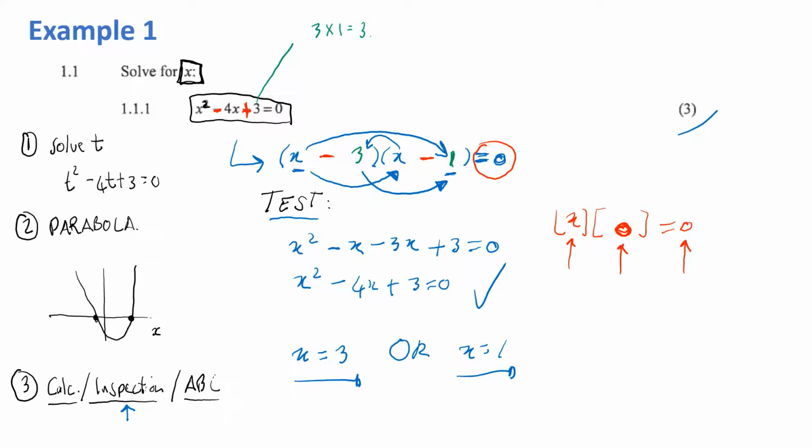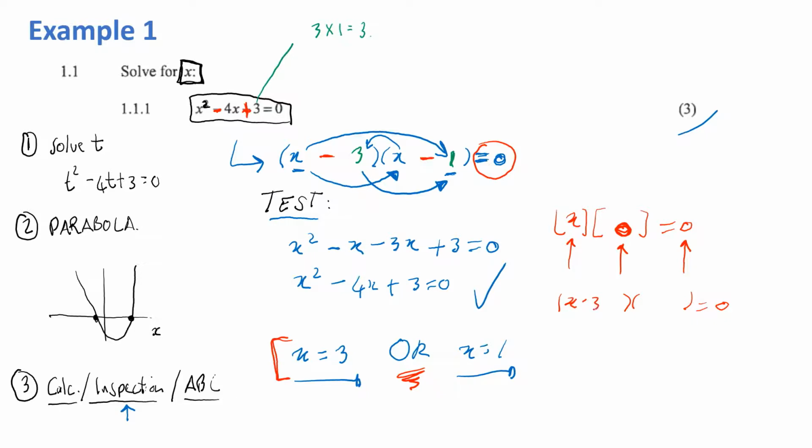So in writing my solutions to this equation, I know that the value in the first bracket has to either be 0 or the value in the second bracket has to be 0, right?